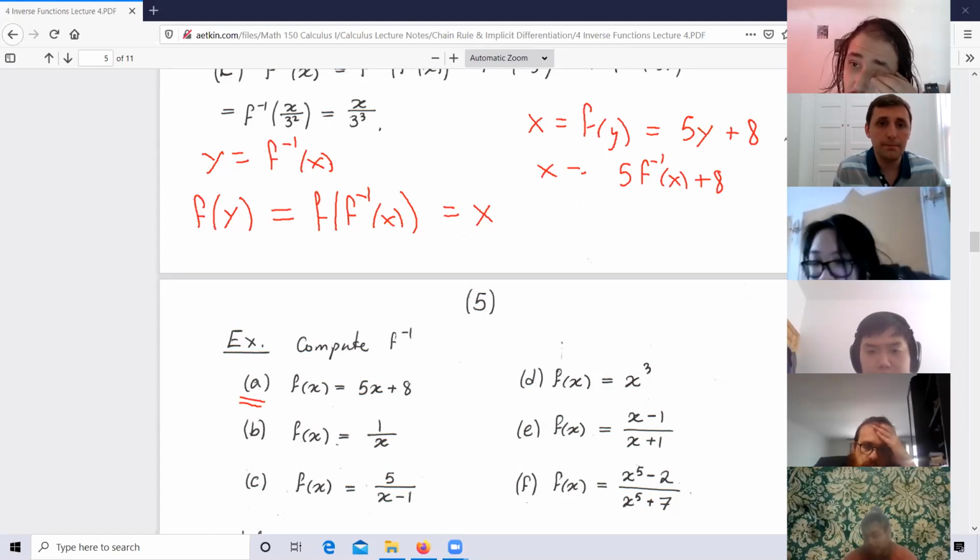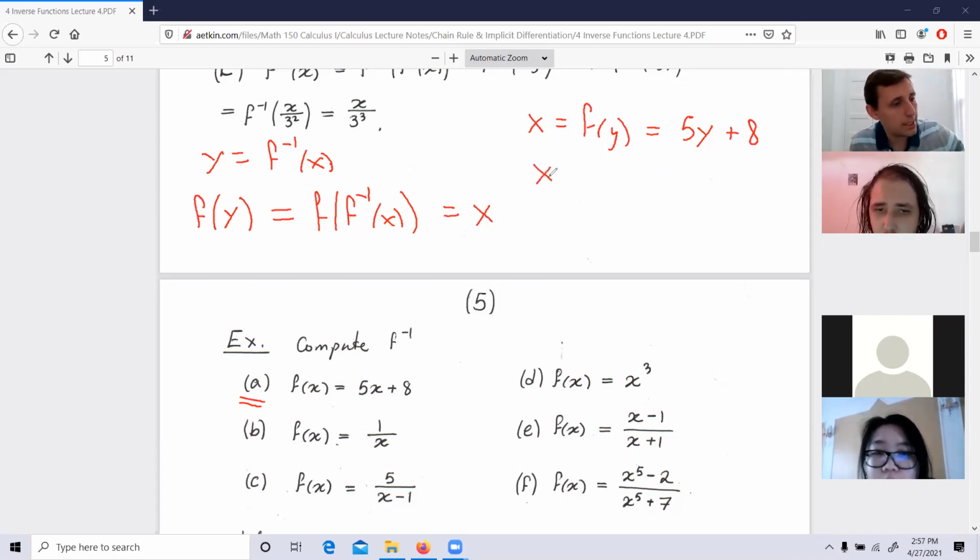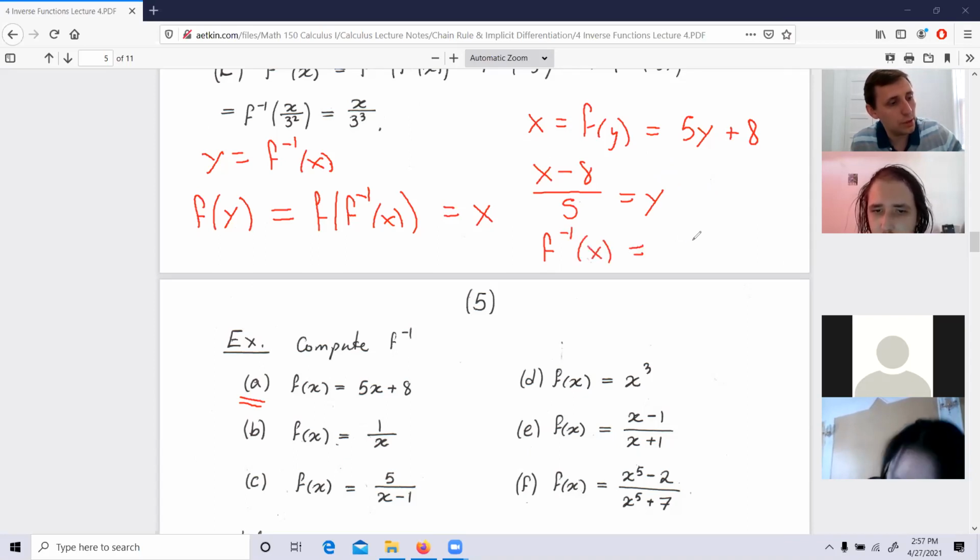Everything clear? So what would happen is that you have now x minus 8 over 5 is y. So my expression for the inverse is f inverse equal to x minus 8 over 5. Good?